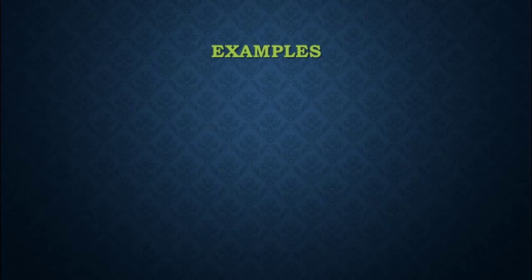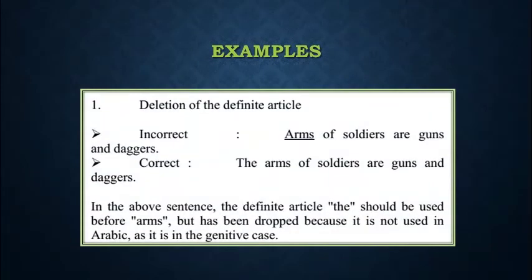Okay, so here is the first kind of error related to the use of articles, and that is the deletion of the definite article. So we are supposed to have a definite article and the Arab learner just deletes it.